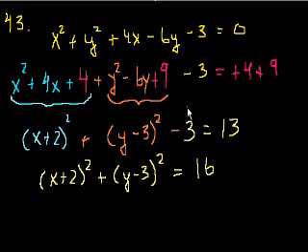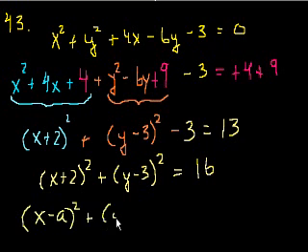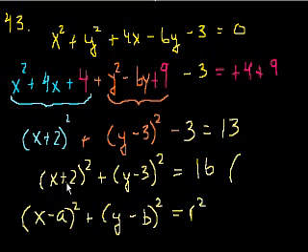And now, if you think about it, this is the form of a circle, right? x minus a squared plus y minus b squared is equal to r squared, where the center of the circle is at whatever x value makes this equal to 0.